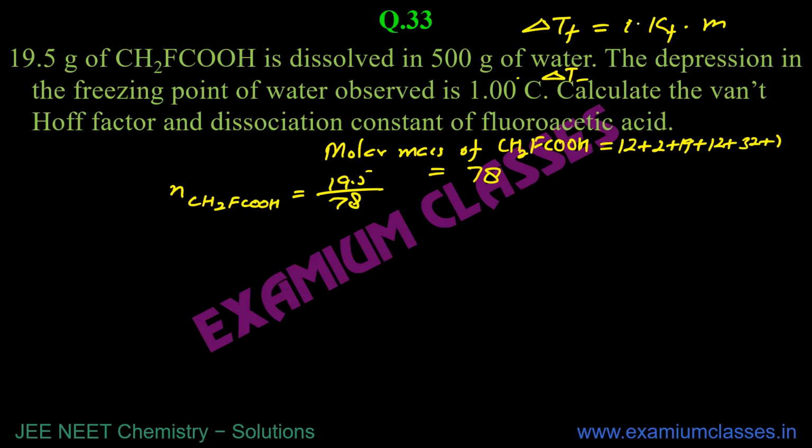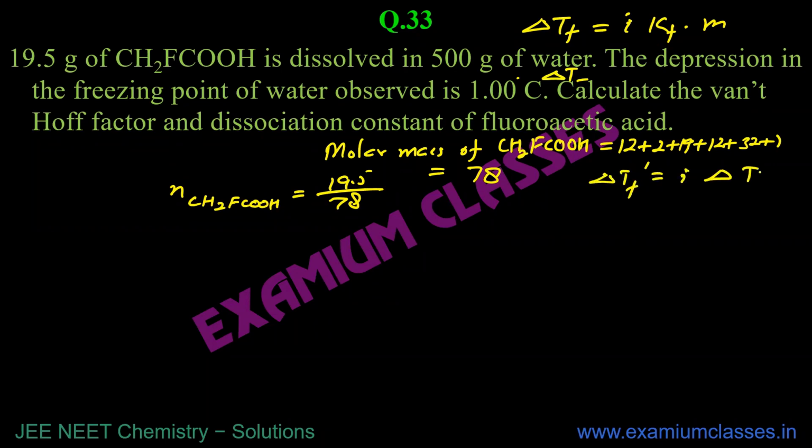Either you use the observed value divided by calculated value, remember? So you can calculate first this one. Remember what I am saying, it can be expressed in 2 terms. It is the same thing I am doing. Either you can use this formula, or you can say delta TF dash is equal to I delta TF, because this is actually delta TF.